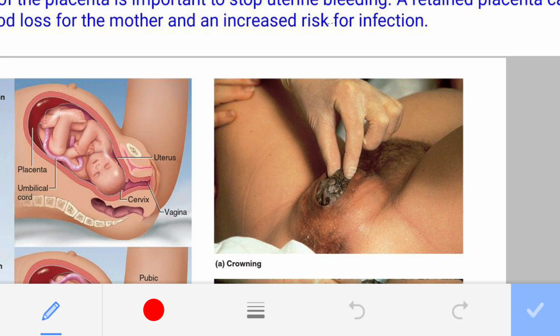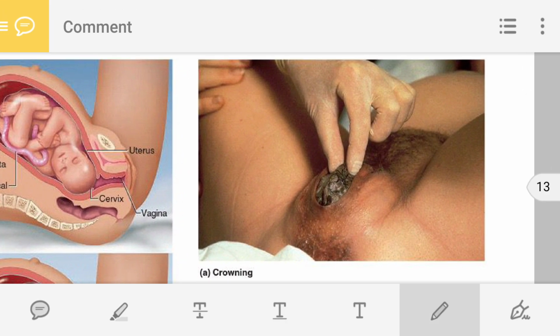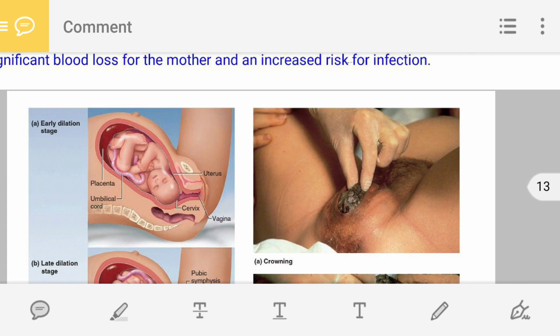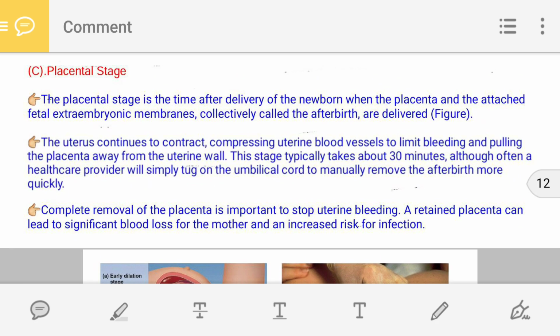So what happens, as this crowning has occurred, the gynec doctor will insert some surgical instruments around this fetus head, and basically the doctor is trying to widen this opening so that the head can easily come out.